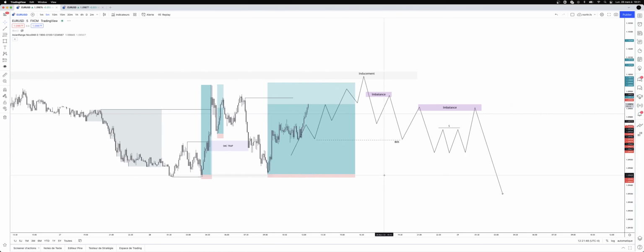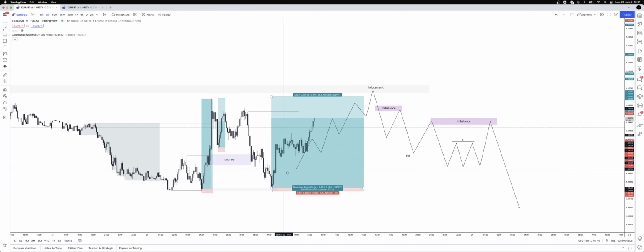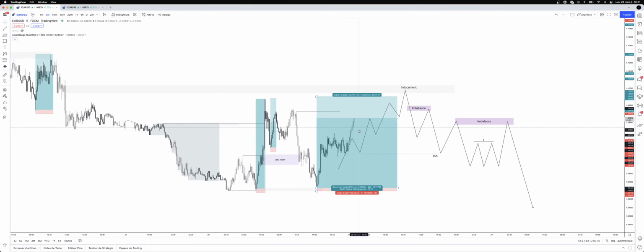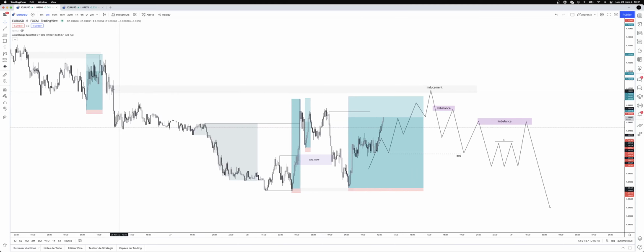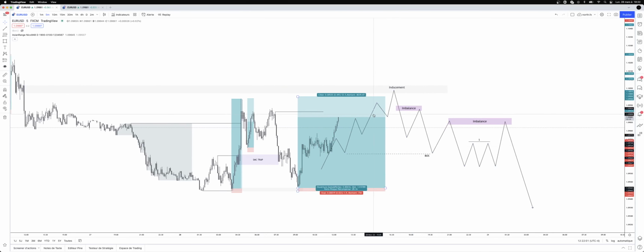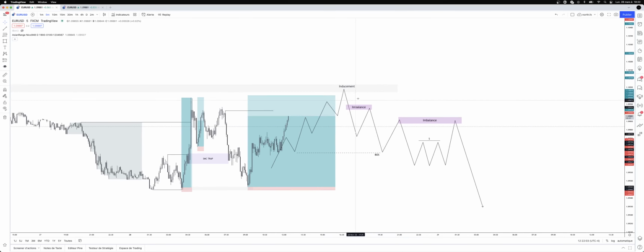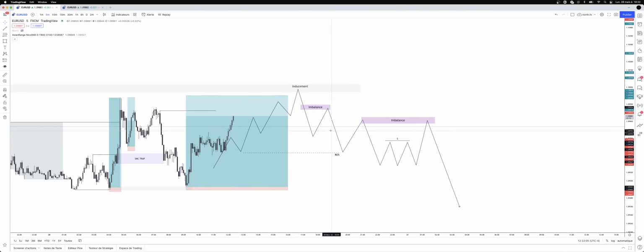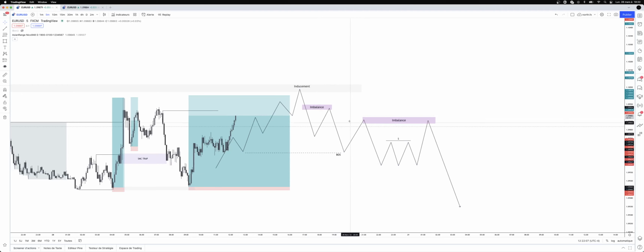So what I'm looking for tomorrow is perhaps the price will create a trend line, and after that we have this beautiful POI and mitigation, perhaps create an inducement, and after that create a reversal, a liquidity pool, a reversal and a break of structure, and after that create this typical entry.